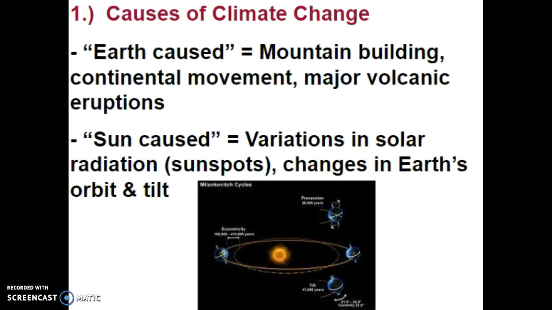We've discussed sunspots. The fewer sunspots, the warmer the radiation coming from the sun. And if there were any changes in our orbit, if we were closer or farther away from the sun, as well as our tilt, that can overall take climate change and put it in the long term.